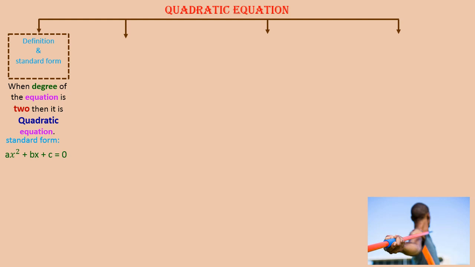One more type of question comes in this, that is whether the given equation is a quadratic equation or not. For that purpose, you need to convert it into ax square plus bx plus c form, then check whether the degree of that equation is 2 and a is not equal to 0.